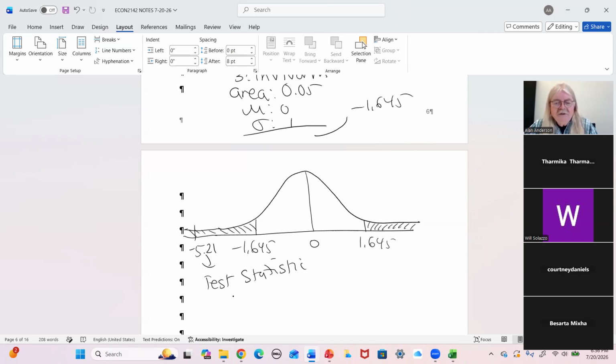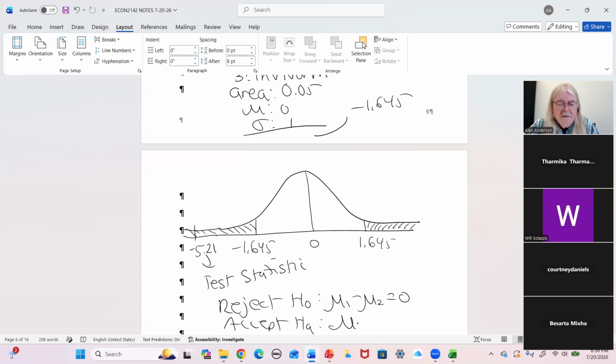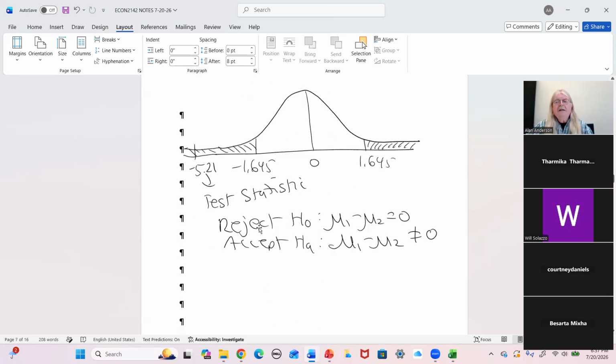So clearly we reject the null and accept the alternative that they're different. Now, we don't know what the insurance company is going to do with this information, but chances are it just means that that's one more factor that will cause the premiums of the women drivers to be different than the male drivers.